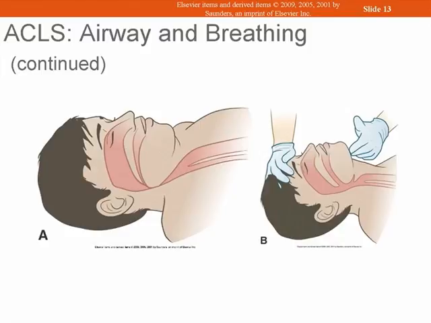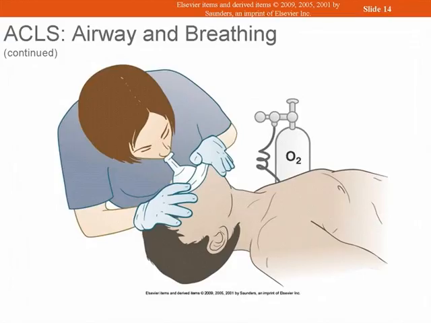So if you will do the head tilt chin lift, it will actually open the airway. So this is a picture of someone providing mouth to mask via a one-way valve mask device. We want to get oxygen to this patient as quickly as possible.